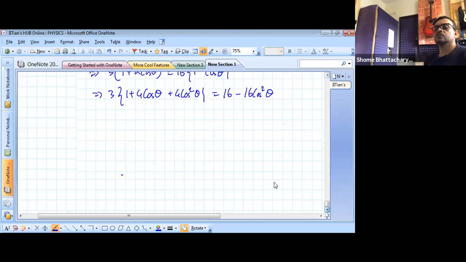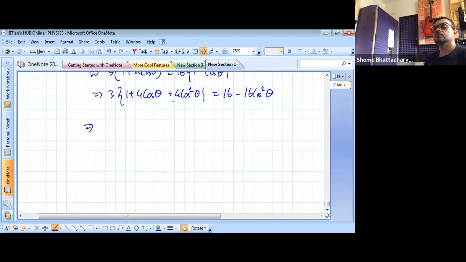Next, take all the terms on one side. So you see cos square's coefficient will become 4 threes are 12 plus 16, so that is 28 cos square theta. Then we have plus 12 cos theta.